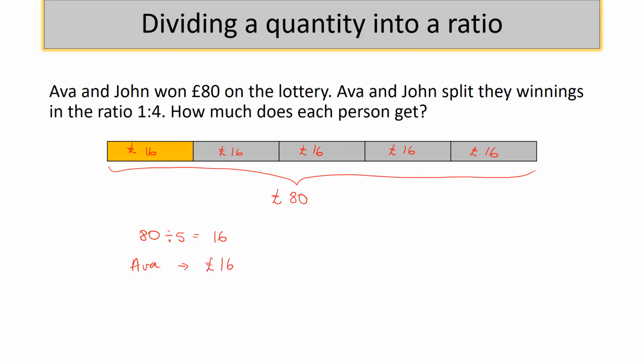Now to work out how much John gets, we need to times 16 by 4, because he got 4 parts and each one of them is worth 16. So that is 64 pounds. And I can check, because when I add the two amounts, 16 and 64, I need to get 80 pounds.